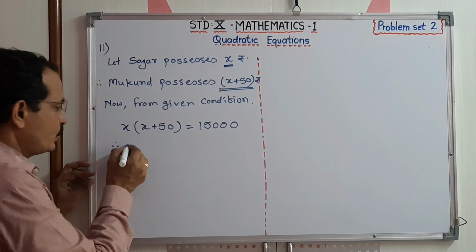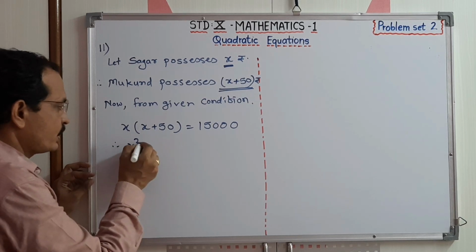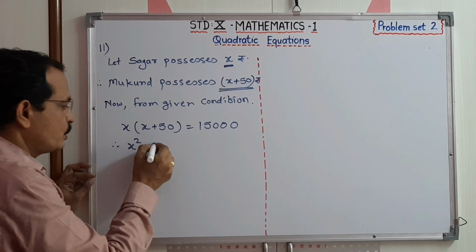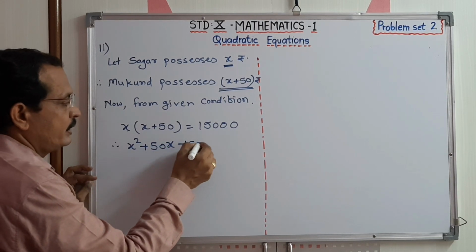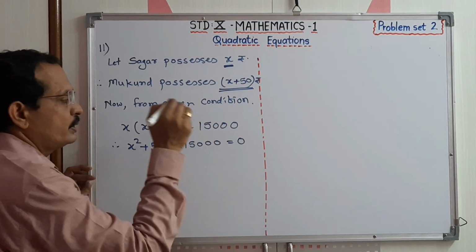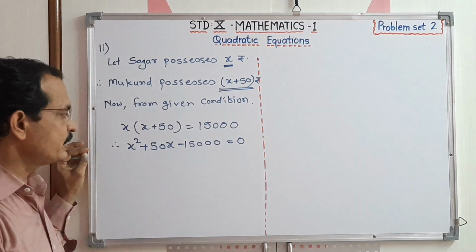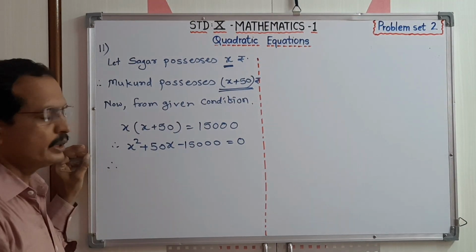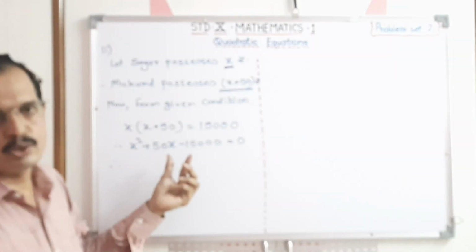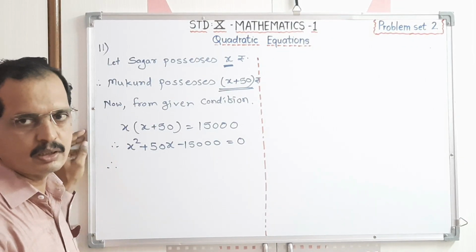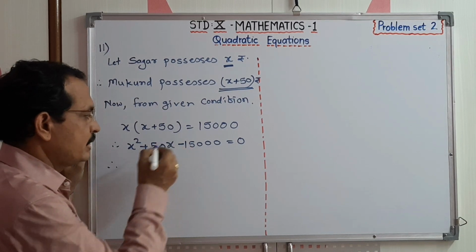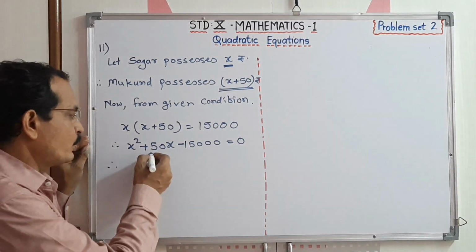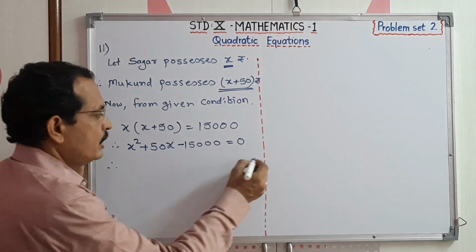Therefore, multiplying x into x plus 50, we get x square plus 50x minus 15,000 is equal to 0. Now, dear student, it is a quadratic equation and we have to solve this by the factorization method. Here it is 15,000 and the sign is minus, therefore we have to find factors whose difference is 50.